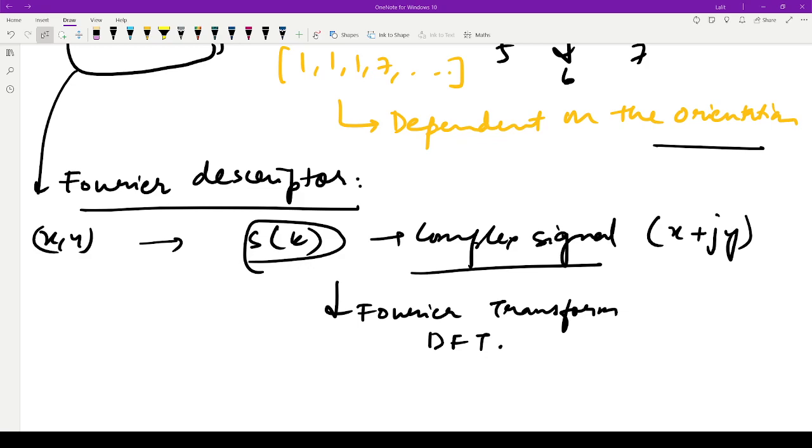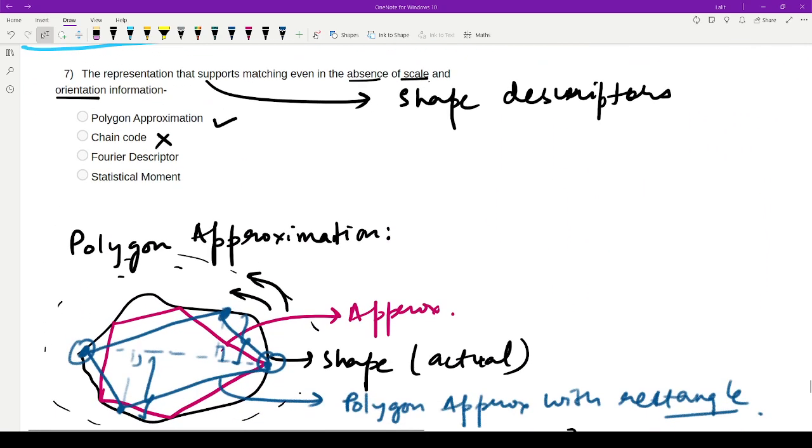There is a property for rotation, a property for translation, scaling, and the starting point as well. As soon as you transform this input signal with those transformations, the output Fourier transform will also be appropriately changed. So they are asking for scale and orientation. Yes, the Fourier descriptor is affected by that.